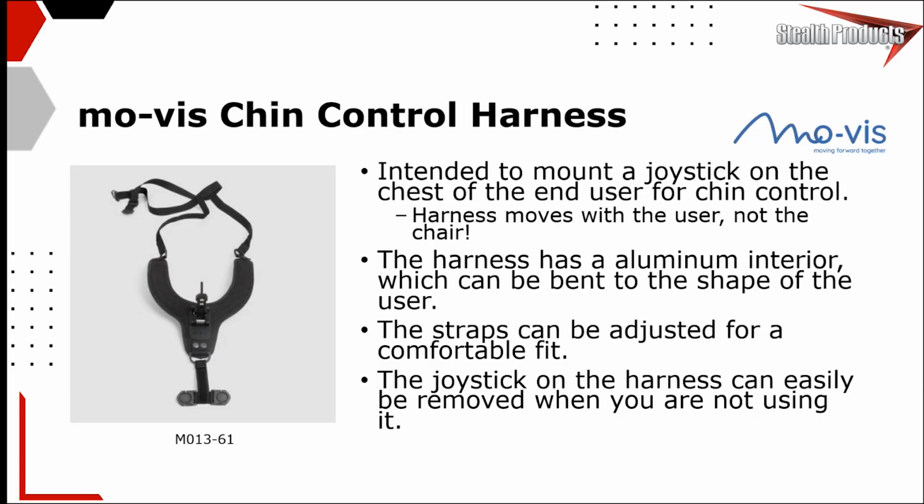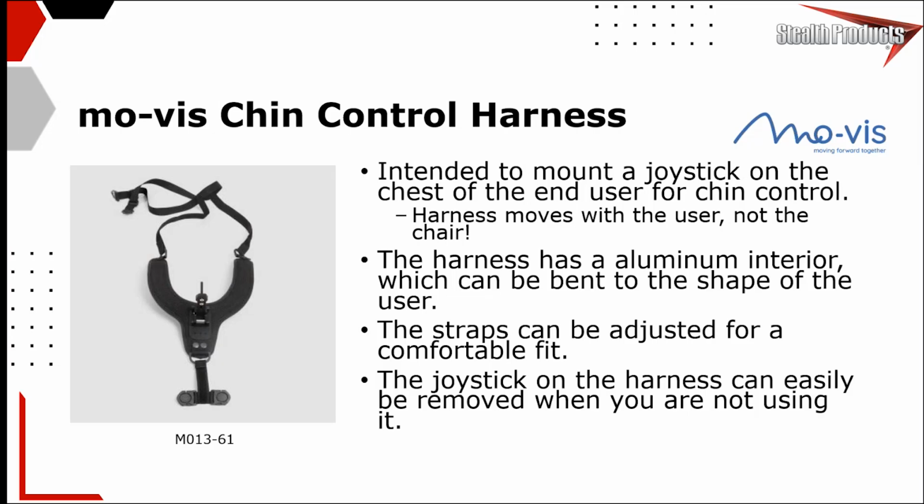Now, the Movis chin control harness that we're looking at here, we can install our all-around light, micro, multi joysticks, and this is going to provide the client with access to the joystick at their chin. The mounting hardware is very adjustable, so that the joystick can come into that chin at whatever angle we need. We talked about that earlier.